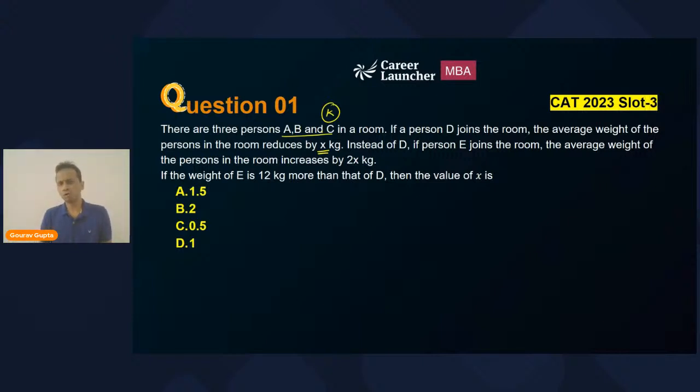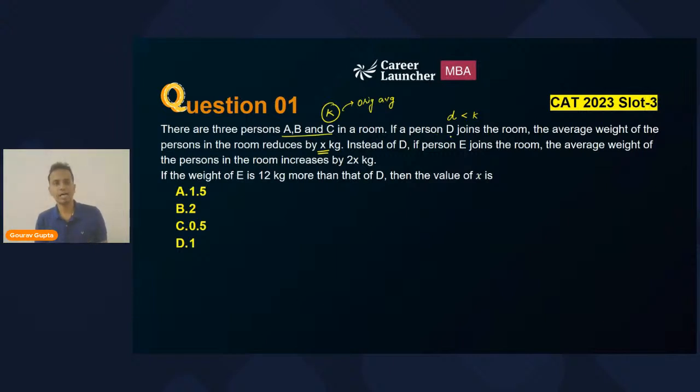Now because of this fourth person, the average is reducing. So I can say that the weight of this fourth person, let's say D, will be less than the original average, where K is the original average of these three persons, right?